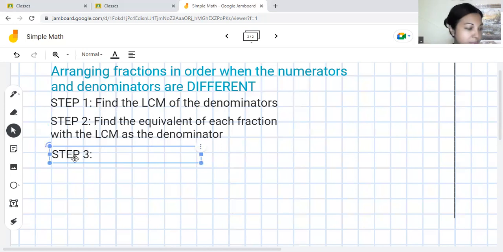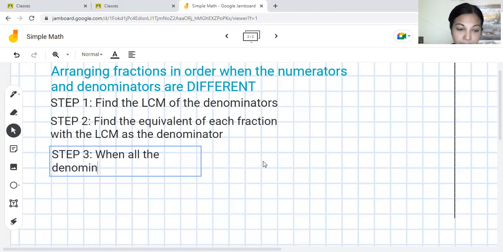The third step is when all the denominators are the same, because finding the equivalent of the fractions in step 2 will lead us to the point where our denominators will be the new LCM, which will be the same.